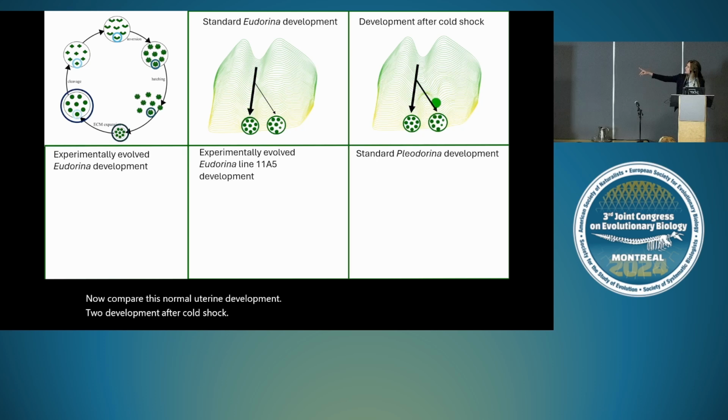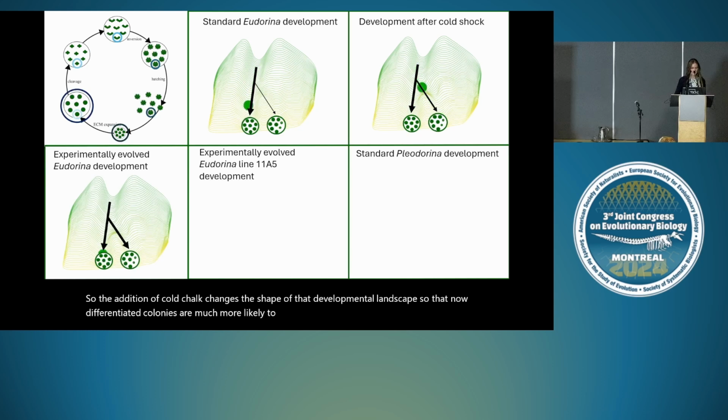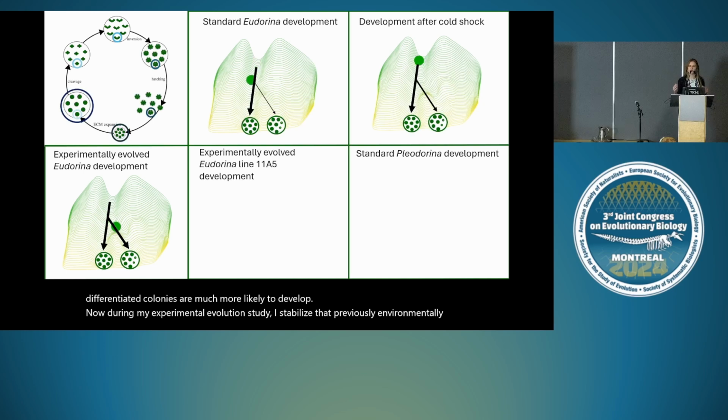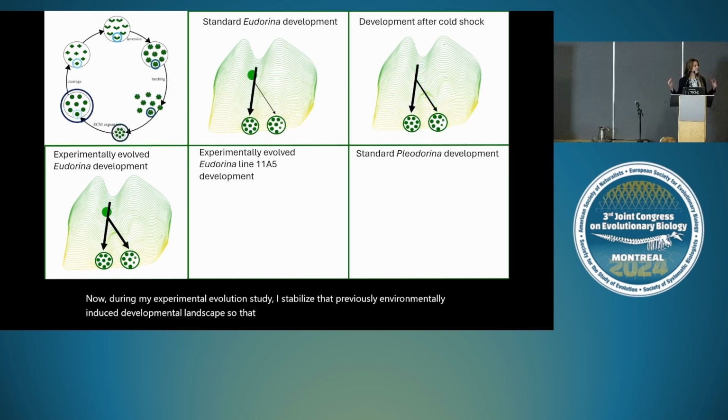Now compare this normal Uterina development to development after cold shock. So the addition of cold shock changes the shape of that developmental landscape so that now differentiated colonies are much more likely to develop. Now, during my experimental evolution study, I stabilized that previously environmentally induced developmental landscape so that you see the consistent development of both differentiated and undifferentiated colonies.